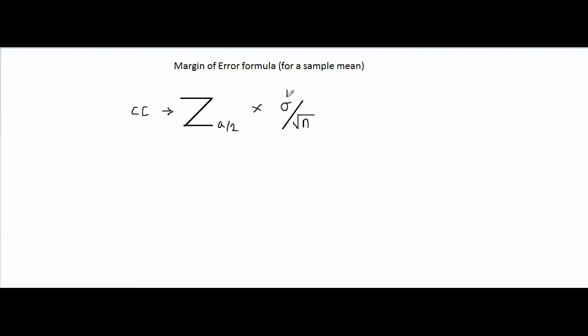This symbol right here is the Greek letter sigma, and it stands for the population standard deviation, the standard deviation of all members of a population. So I said pop SD, which just means population standard deviation. It was just a short way of writing it. And this letter N is sample size.